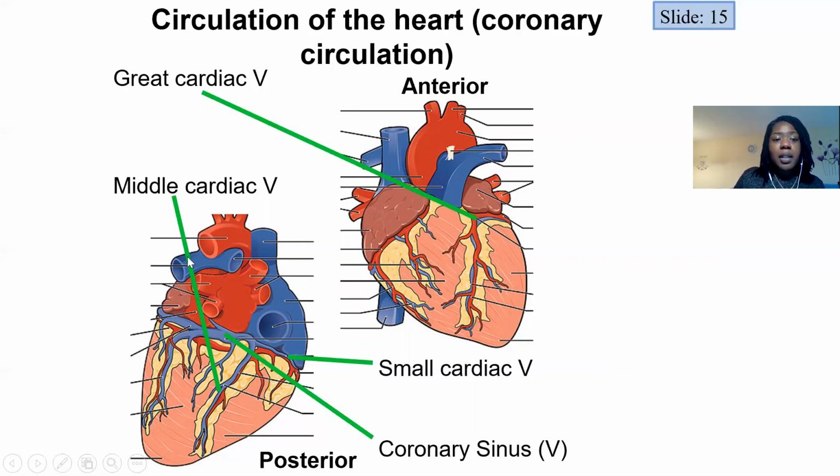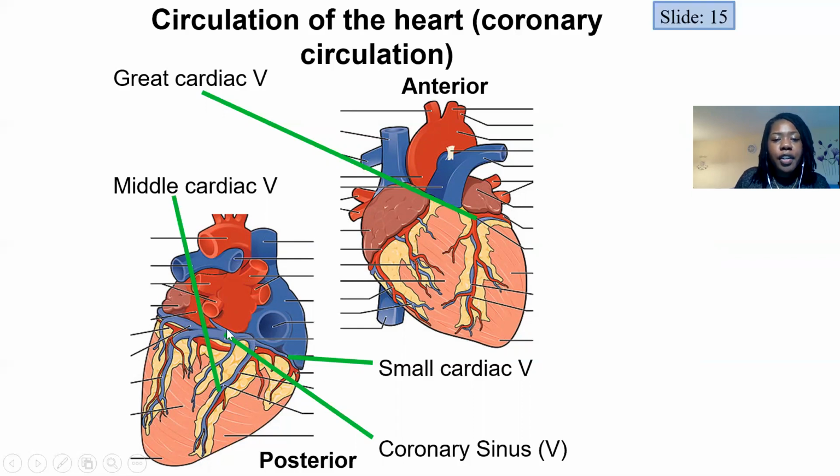We've got the middle cardiac vein found on the posterior surface of the heart. This is running in the posterior interventricular sulcus alongside the posterior interventricular artery. And then along the right margin of the heart, we've got the small cardiac vein, which is running alongside the right marginal artery, on the right side of the heart.